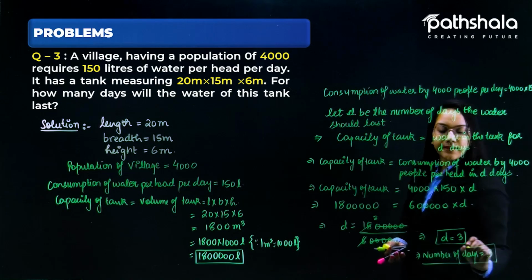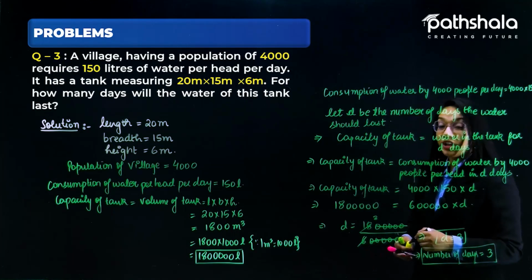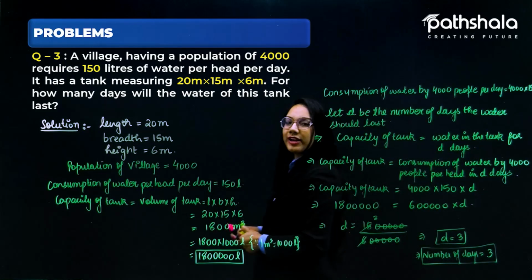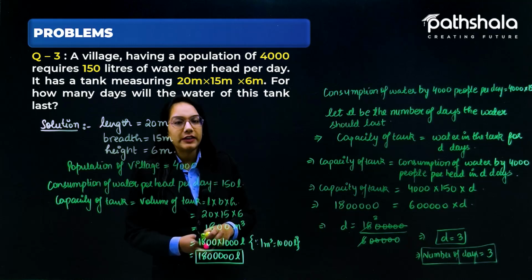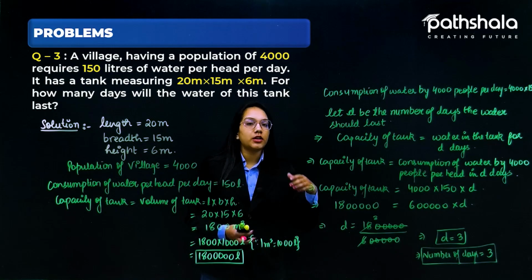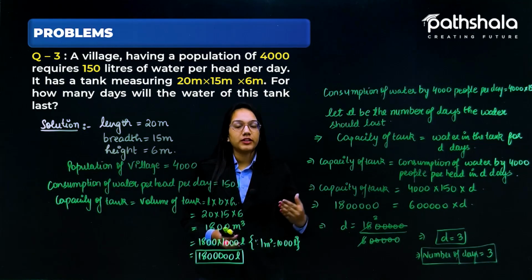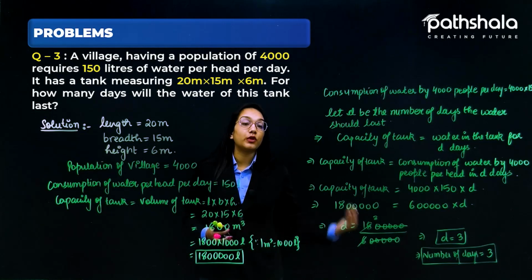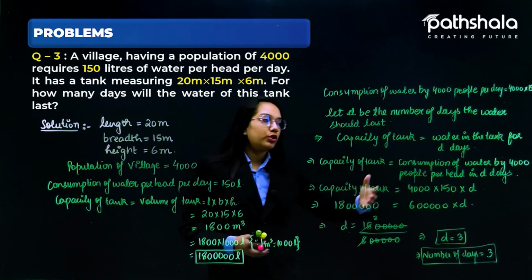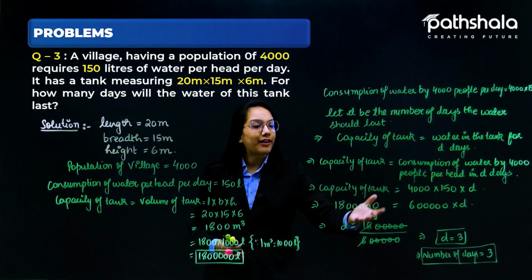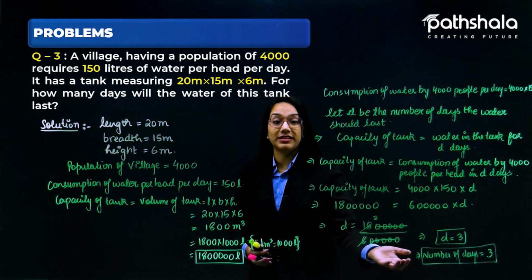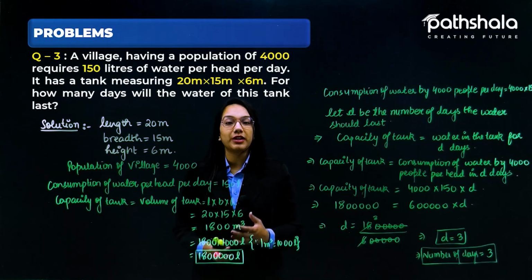And this is exactly what we have to calculate, how many days the water of this tank will last. So the number of days the water of this tank lasts should be equal to the consumption of the water by the 4,000 people per head per day. Using that particular concept, we have calculated the value of D as equal to 3. So this is the answer for this question.